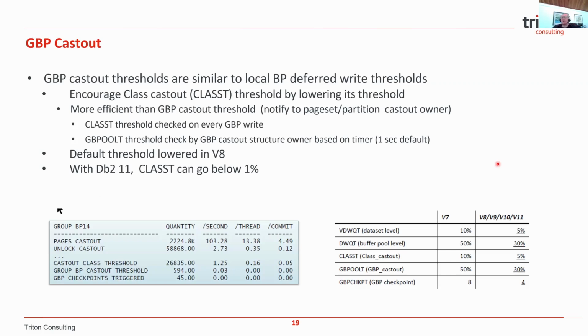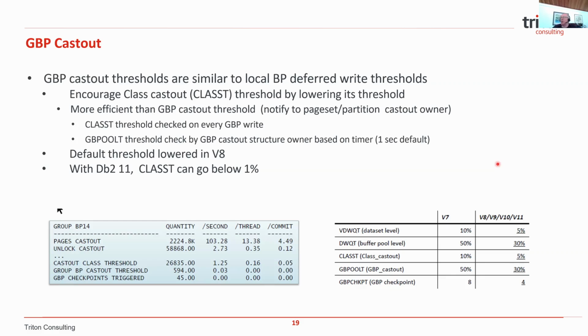In terms of cast out, I don't want to dwell on this too much, simply to say that the cast out thresholds are similar to the local buffer pool deferred write thresholds. So the CLASST threshold is basically at the object level, and that's checked every time a write of a particular page is pushed out for that object to the group buffer pool.